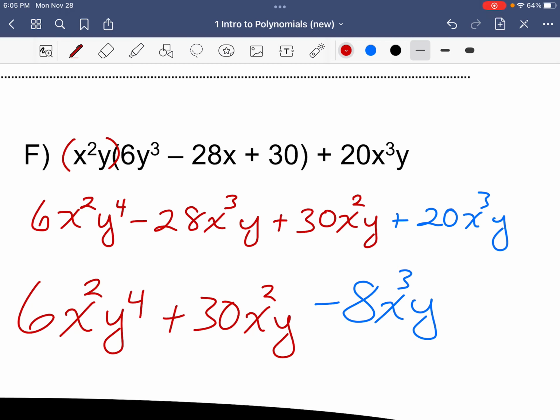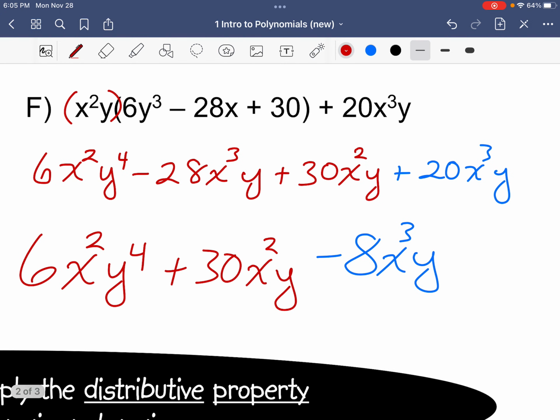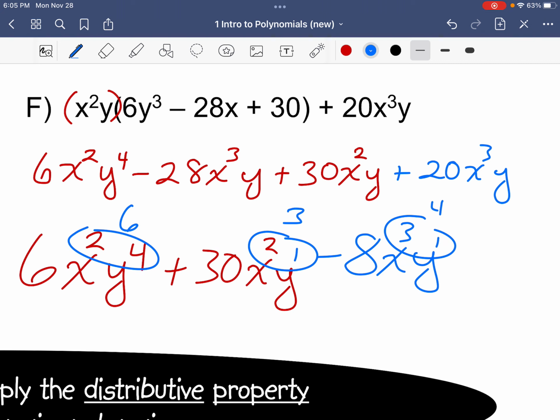Now is this answer in standard form? It's kind of hard to tell because I have multiple variables. But what we do in a case like this is that we say the total number of exponents would be like my exponents. So here I have a total of 6. Here I have a total of 3. And here I have a total of 4. What we're trying to say is that we want the 6 to come first, then the 4, then the 3.